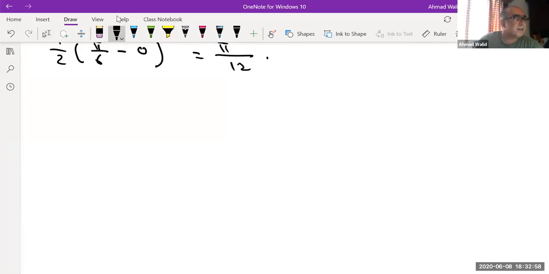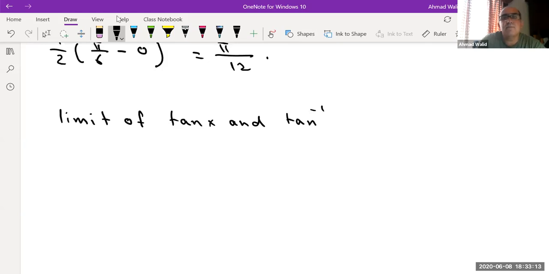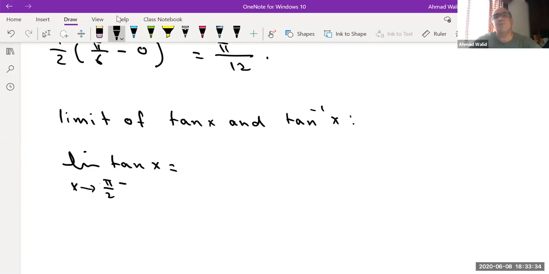Last part of your lecture: limit of tan x and inverse tan x. The limit of tan x as x approaches pi over 2 from the left is... I will not write what that is yet.